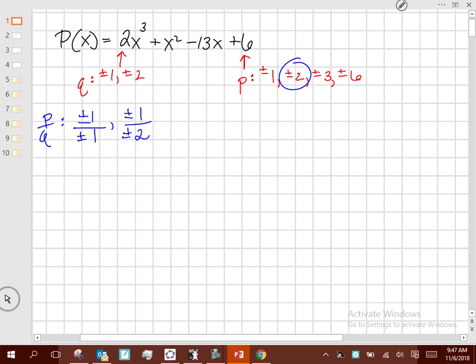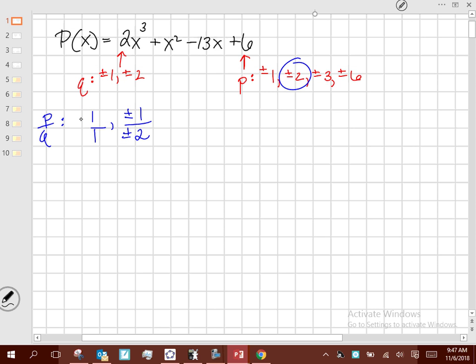If I have plus or minus 1 divided by plus or minus 1, I can have a positive divided by positive, which will give me a what? Positive 1, right? I can have negative divided by a negative, which would give me positive. Or I can have a negative divided by a positive or a positive divided by a negative, and that would give me just a negative. So what's the only way that you come out with a result here or a quotient?